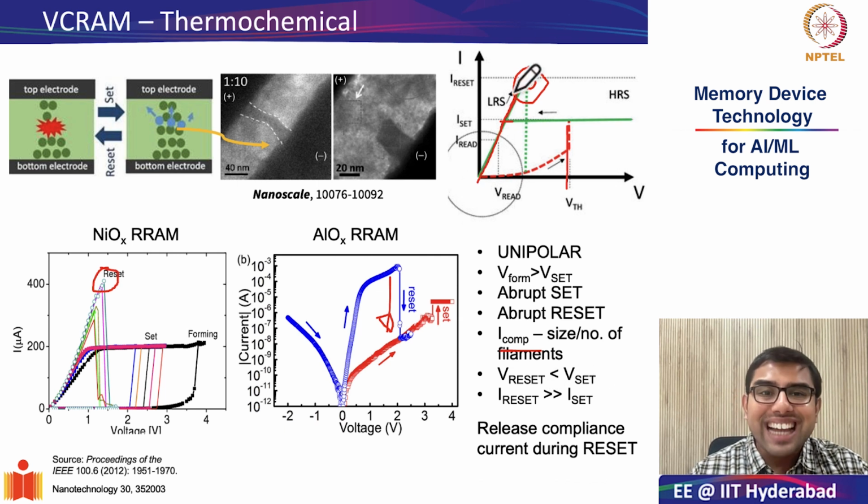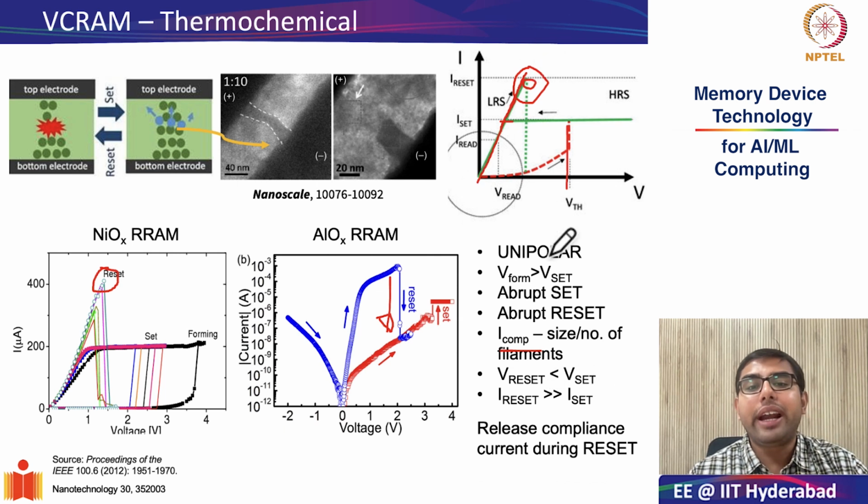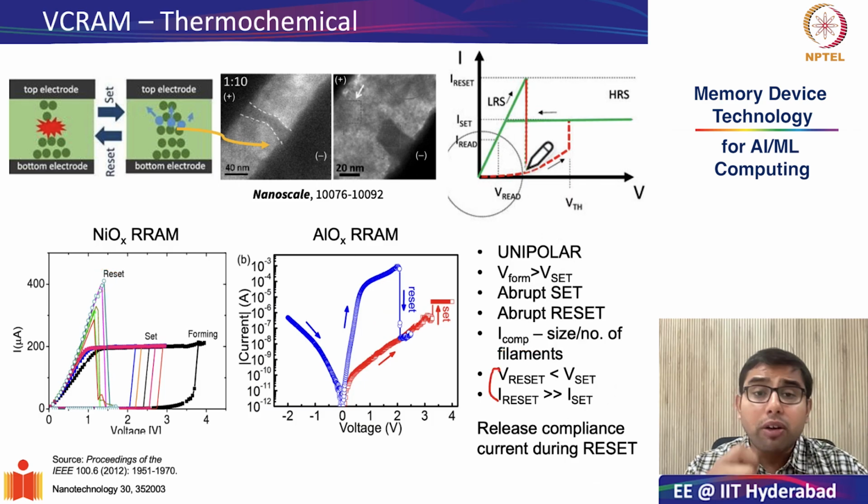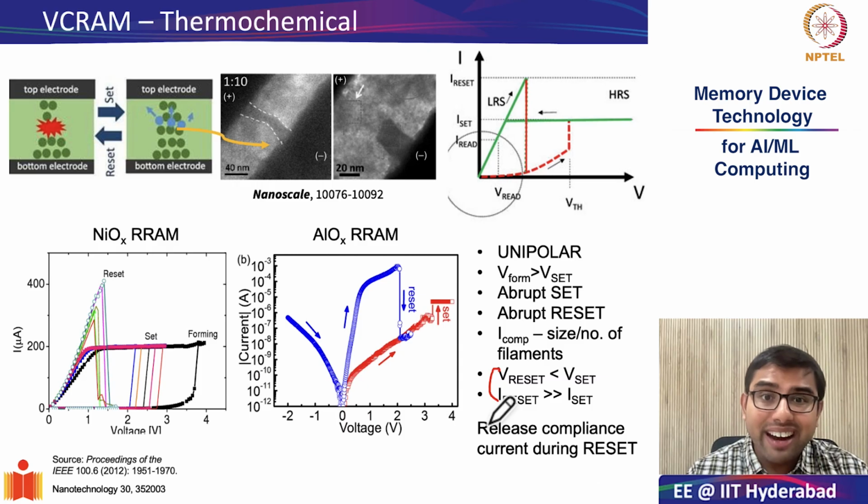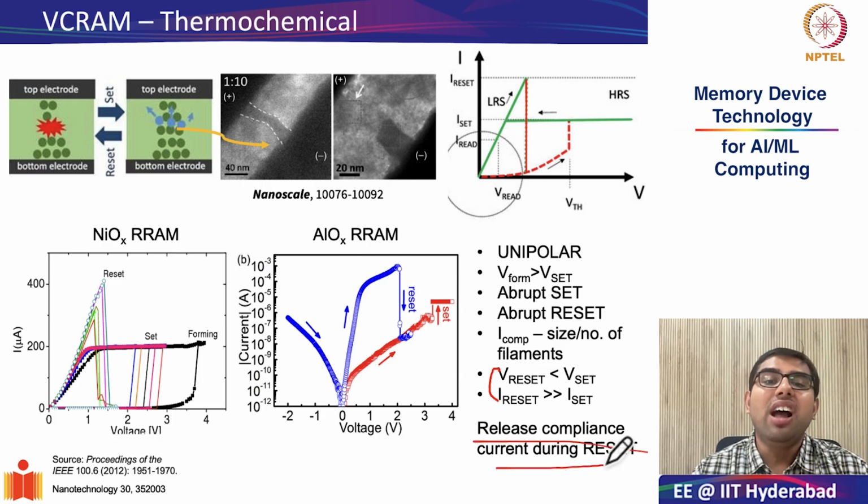However, the reset current is much greater than the set current. But a very important thing to understand, especially if you are going to fabricate and measure these devices just like we do in our research group, it is very important to know that you have to release the compliance current during a reset cycle for allowing the Joule heating to happen.